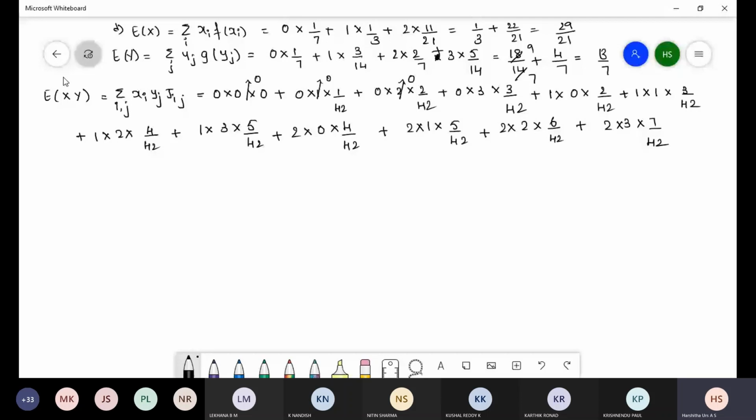If I take 1 by 42 as a common term from all the terms which are non-zero, from there I will take 1 by 42 as a common term. So it remains 3 plus 4 2s are 8 plus 15 plus 10 plus 6 2s are 12, 12 2s are 24 plus 7 3s are 21, 21 into 2 is 42.